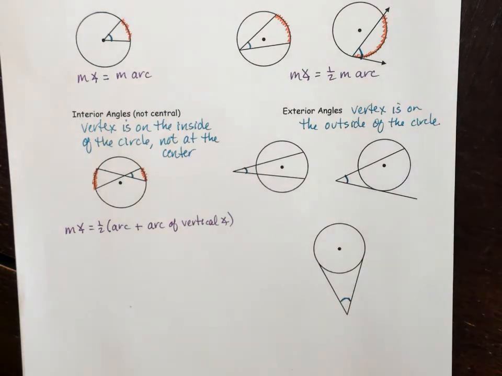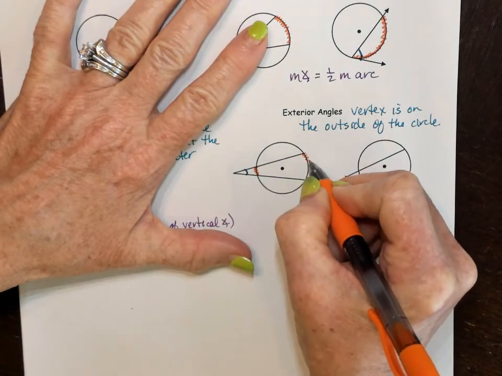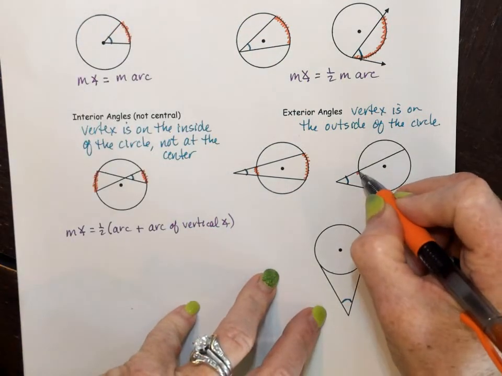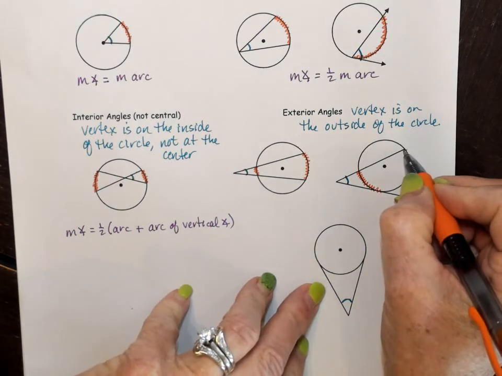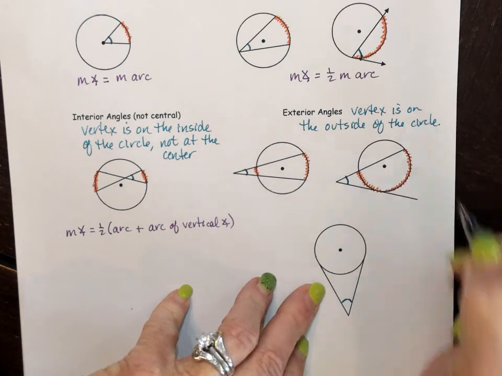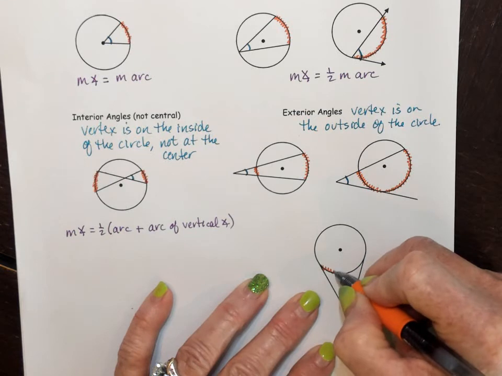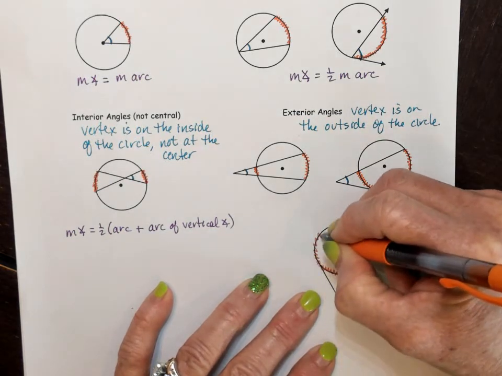In all three cases, again, we need two arcs. We have a little arc and a big arc. In this situation, here's the little arc, and here's the big arc. And in this situation, little arc and the big arc.